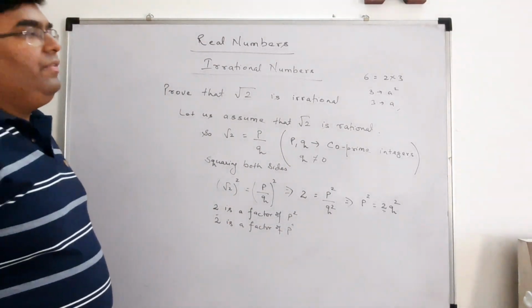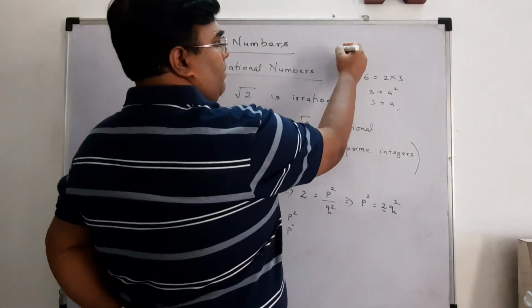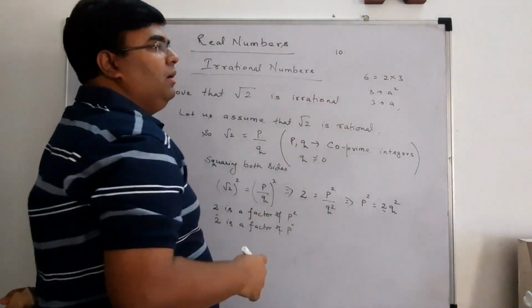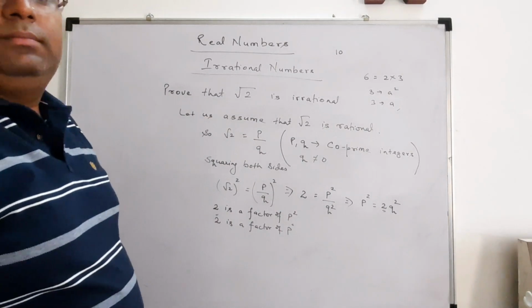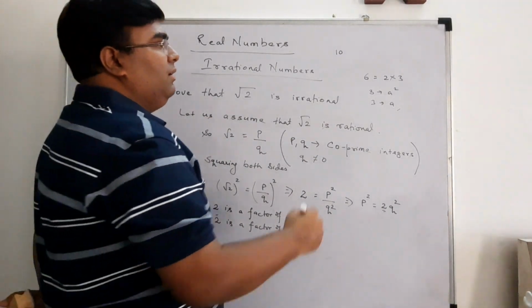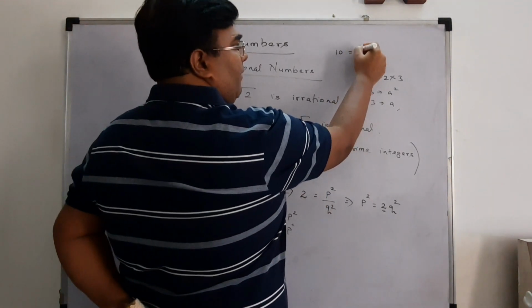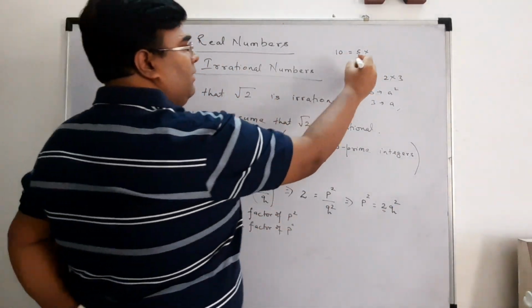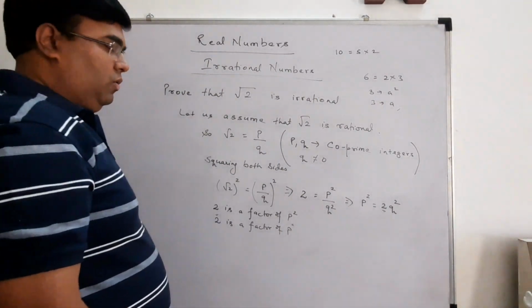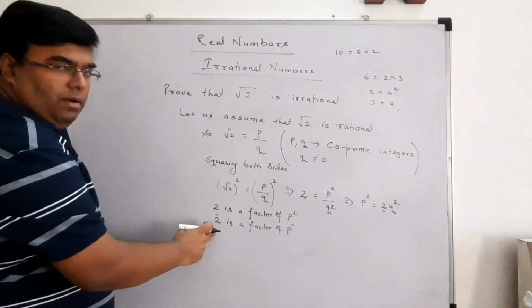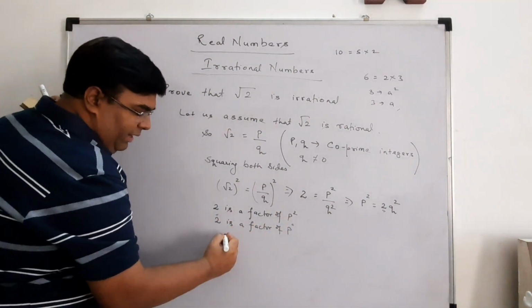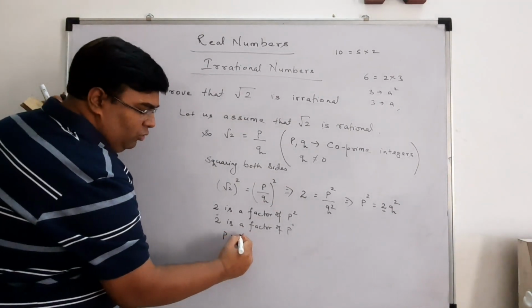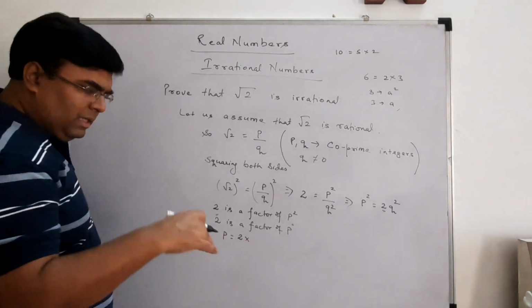Now, suppose the number is 10 and we know that 5 is a factor of 10. So what can we write? We can write it as 5 multiplied by some number. Here in this case we can write 2. So if we know that 2 is a factor of p, we can write p is equal to 2 multiplied by some number.